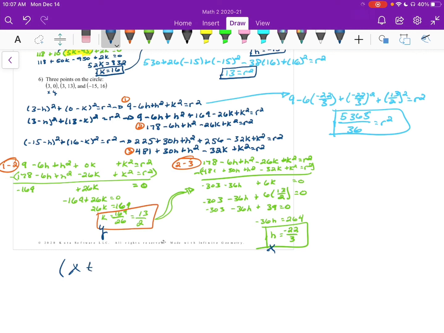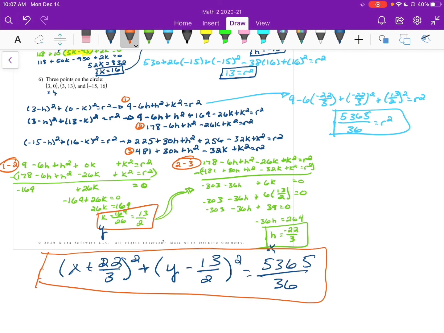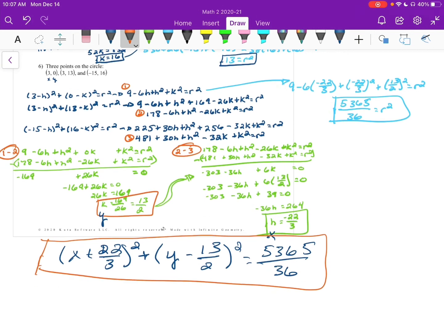So x plus 22 thirds squared plus y minus 13 halves squared equals 5365 over 36. And there we are. These problems take a long time to do. They take a lot of paper. You're not going to be required to do too many of them, though. So, all right, that's that.